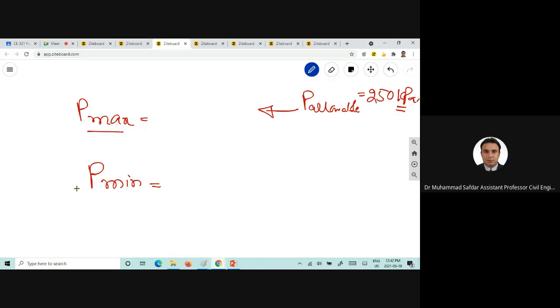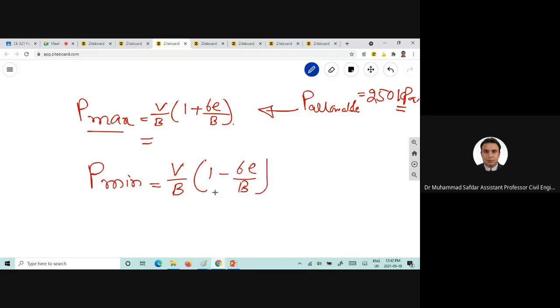So it's very important. Please can you give me the value for the maximum base pressure and the minimum base pressure?